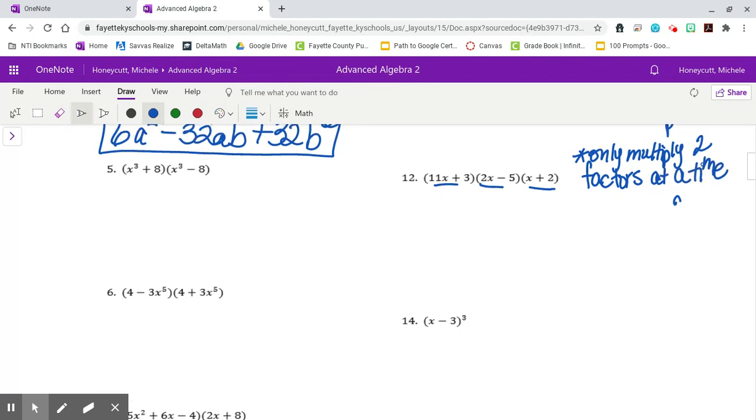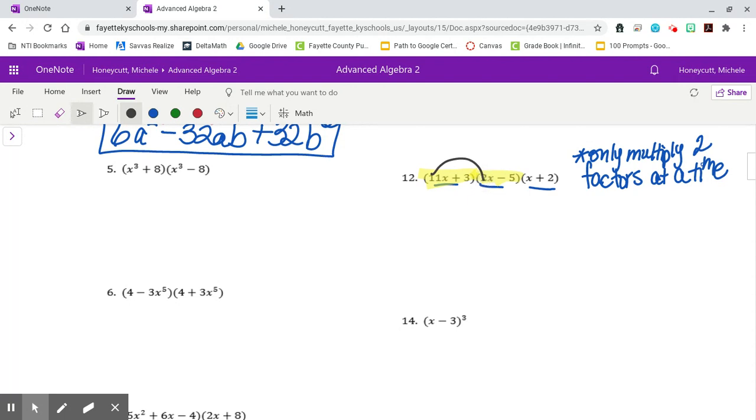My screen is kind of freaking out on me, so let me erase these random letters. Okay, so I'm going to multiply the first binomial with the second binomial, and the x plus 2 is just going to get carried along.